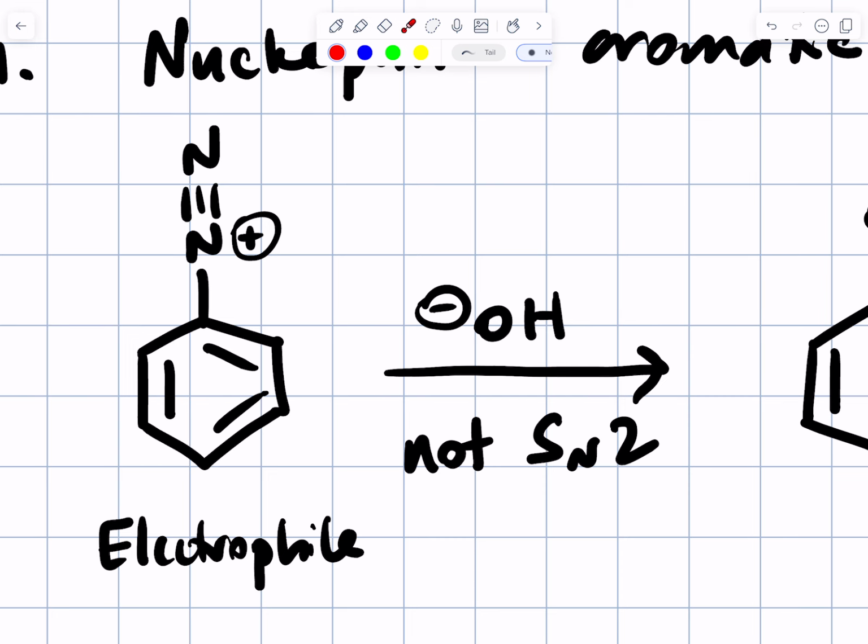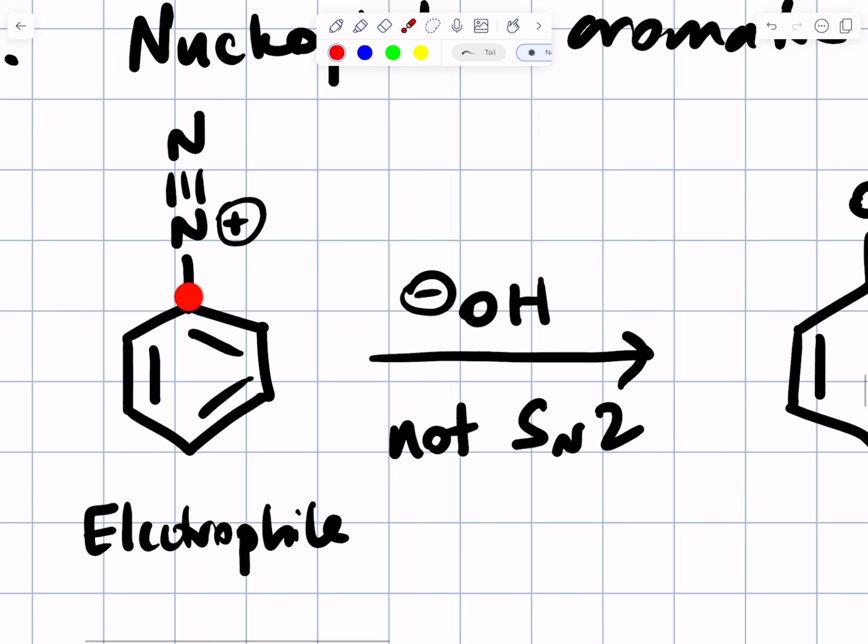And the carbon-nitrogen antibonding orbital points directly away from the carbon-nitrogen bond. So it's actually pointing towards the middle of the benzene ring. There's no way to get there. So you can't do SN2. There's steric hindrance. You can't have OH burrow inside the benzene ring and access that antibonding orbital. It doesn't work that way.